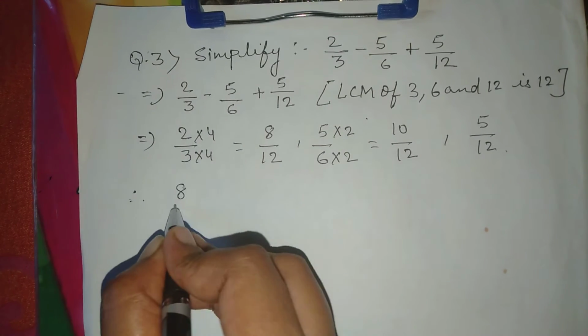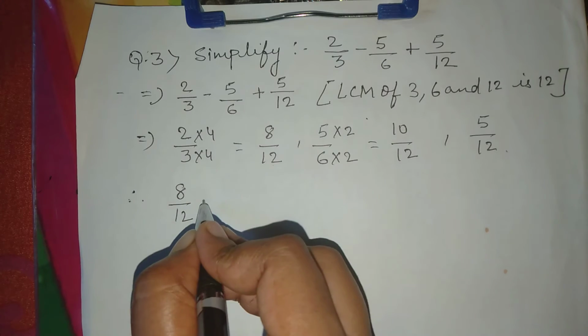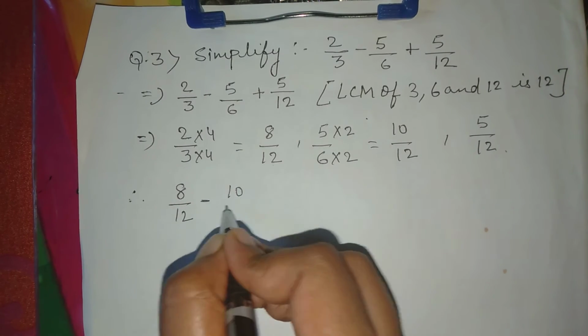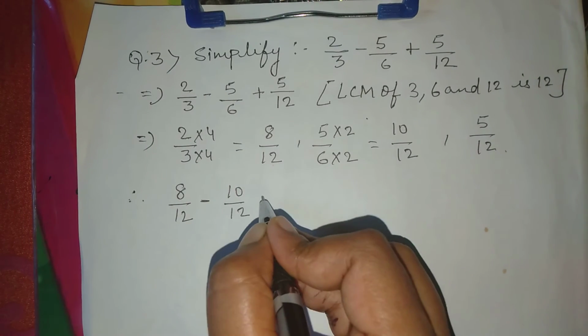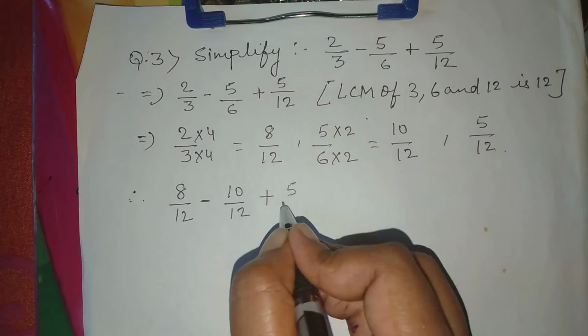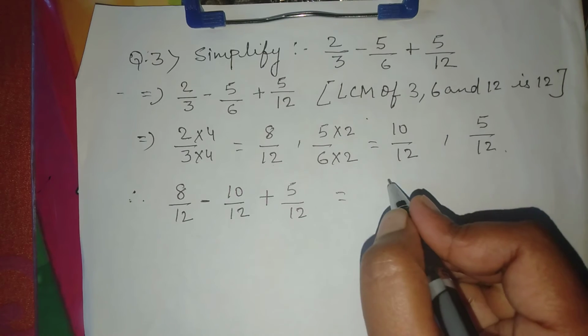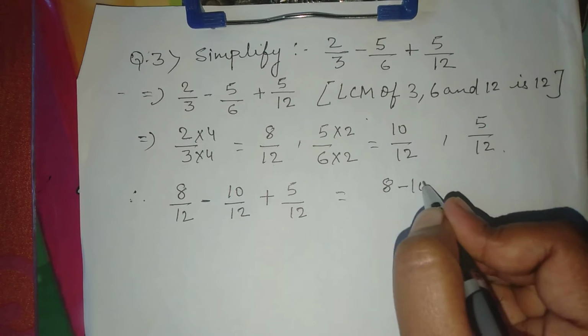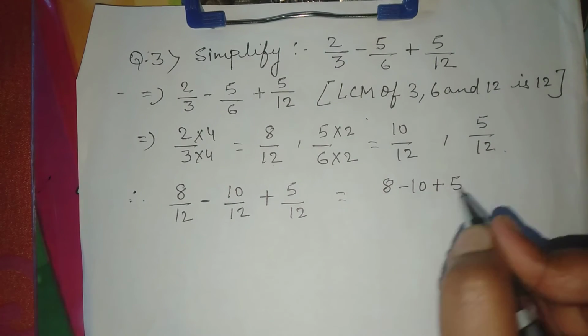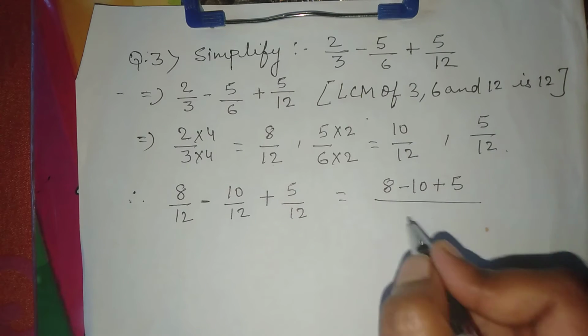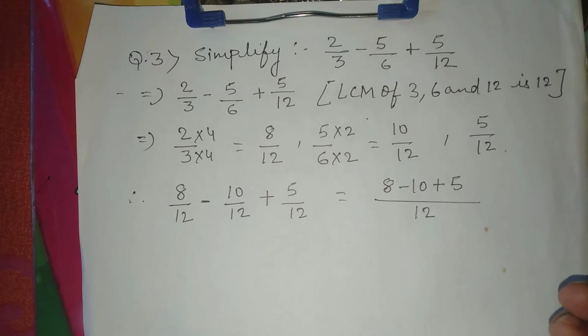Okay, now we will write in this way. So 8 by 12 we will take, minus 10 by 12 plus 5 by 12. All the denominators are the same, so we will write 8 minus 10 plus 5 by 12.